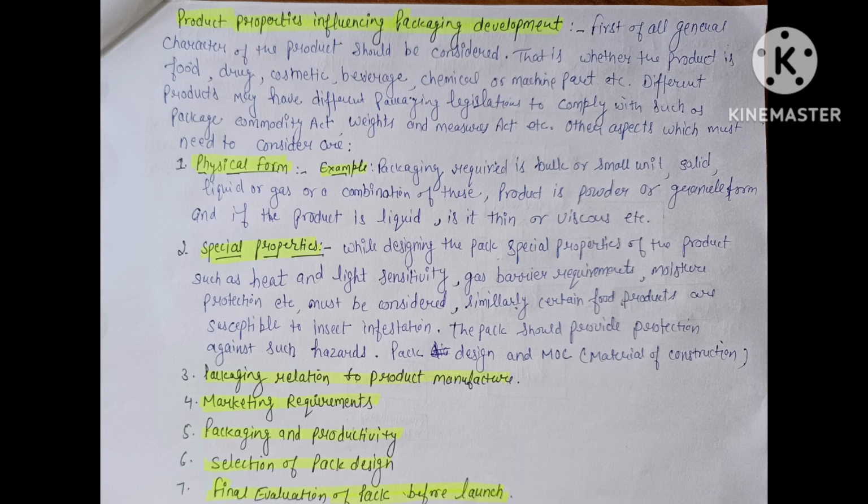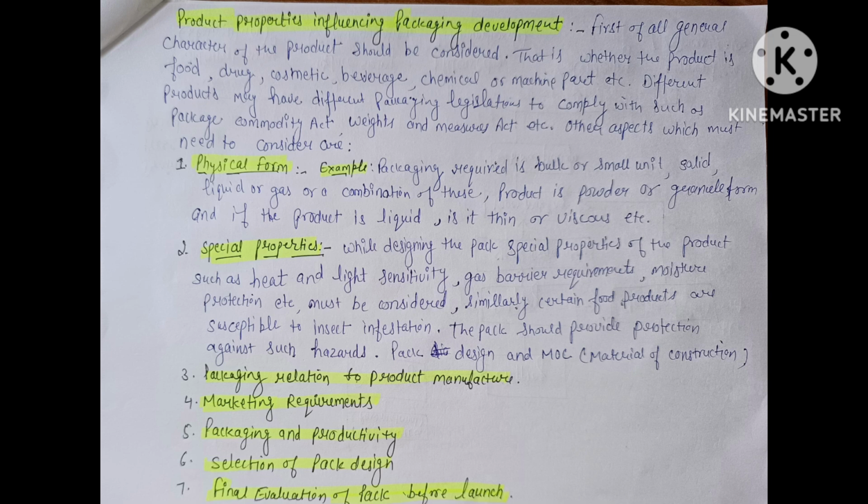And special properties. While designing the pack, special properties of the product such as heat and light sensitivity, gas barrier requirements, moisture protection must be considered. Similarly, certain food products are susceptible to insect infestation. The pack should provide a protection against such hazards.